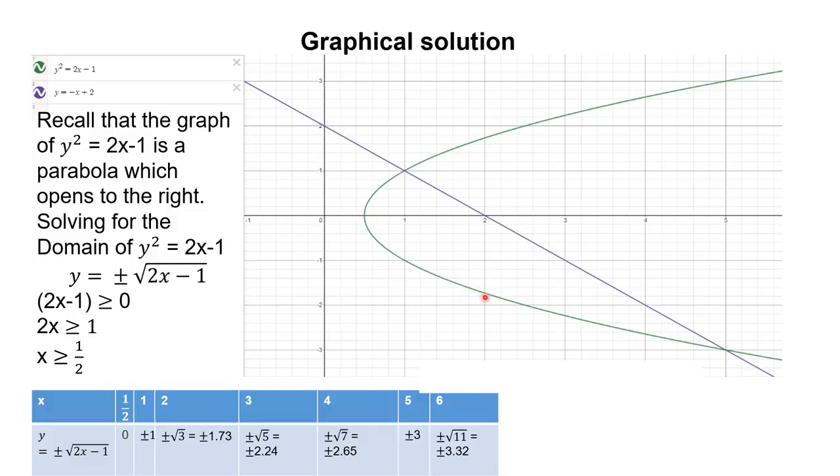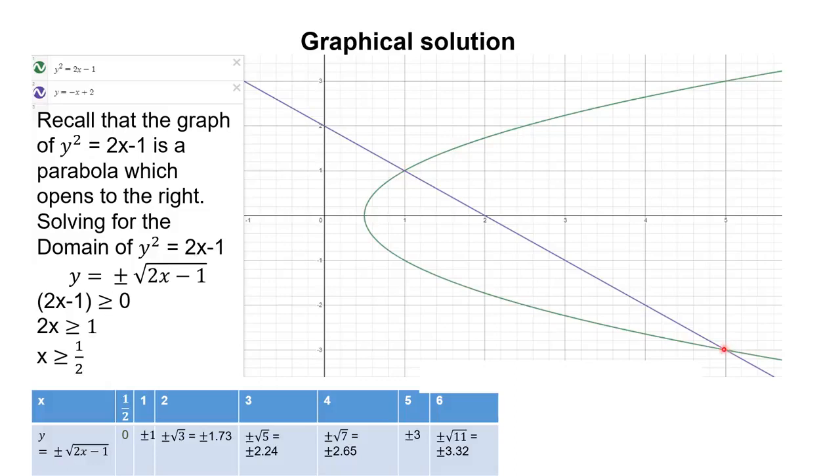And down the line, we can also take a look when x is equal to 5 here. So when x is equal to 5, y is positive 3 here. And when x is equal to 5 again, if you take a look, y is negative 3.